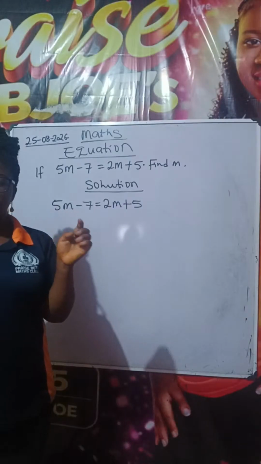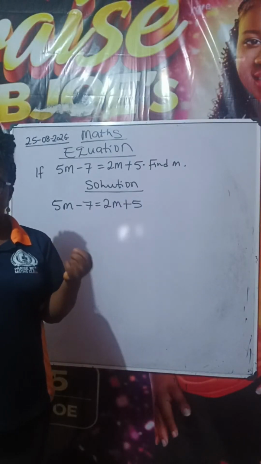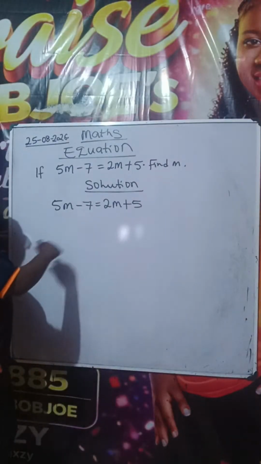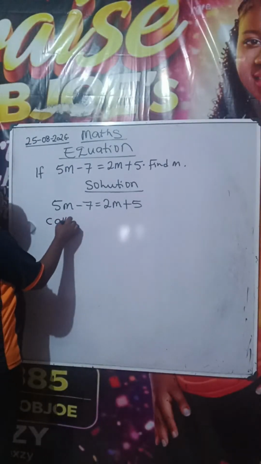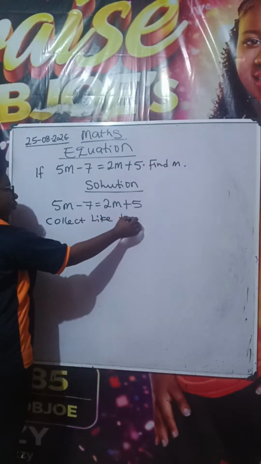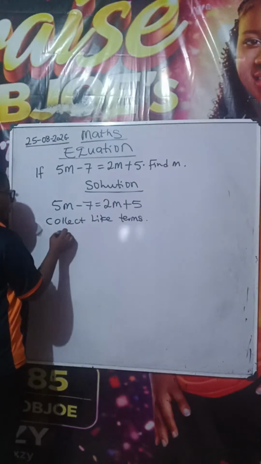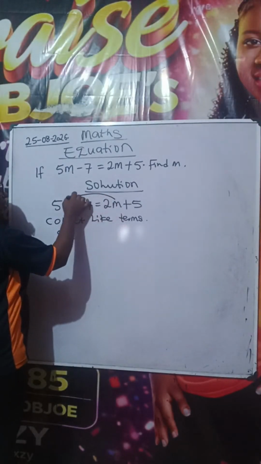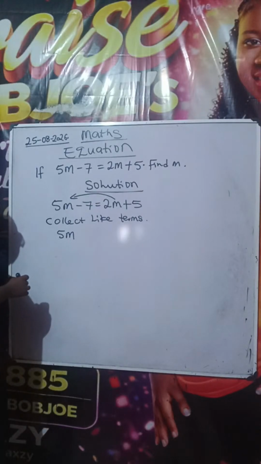First thing to do is we need to collect our like terms, okay? So we are going to collect like terms, and I'm going to state it here. And that will be 5m. Then bringing this 2m to this place, what is it going to be?